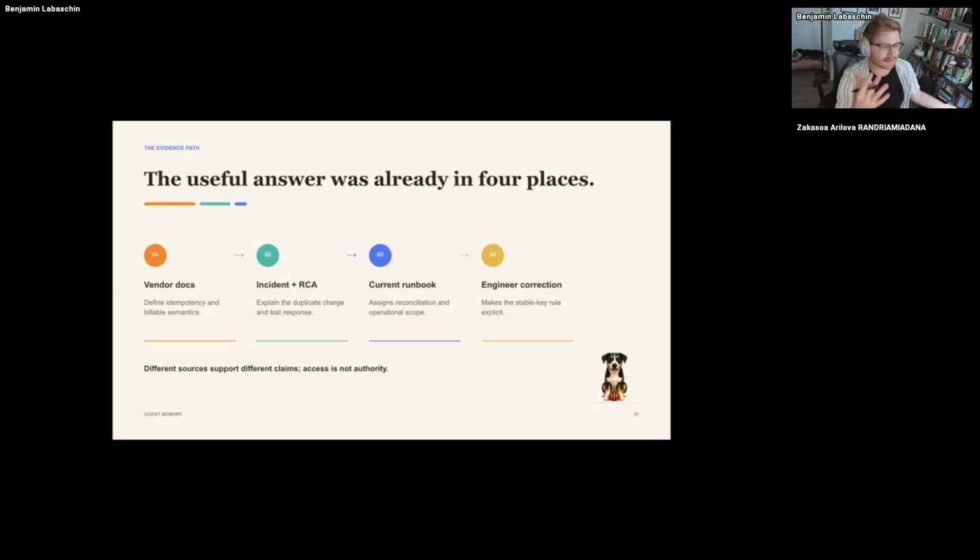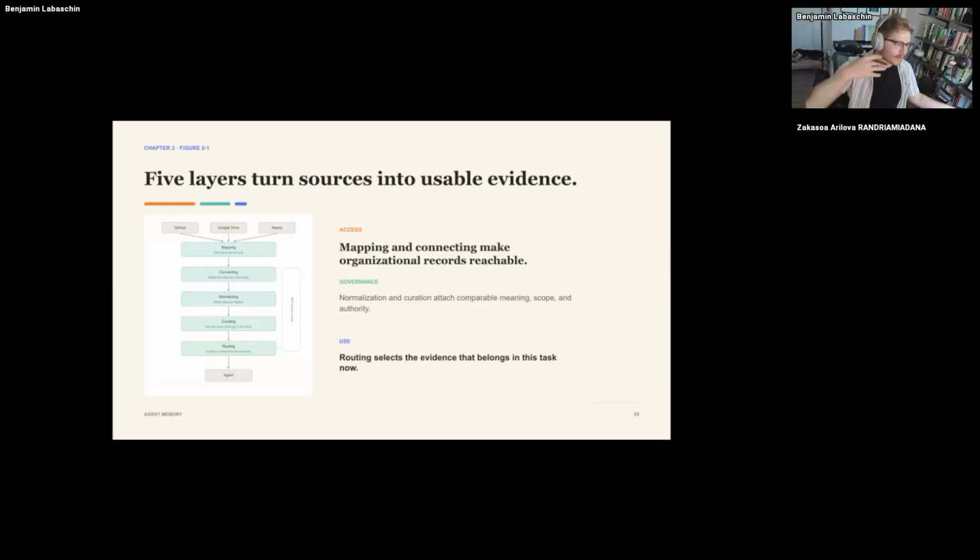But how do you get access to this information? Well, that's where the start of chapter 2 starts to walk you through, right? Let's say someone writes a bunch of documents and they're in GitHub or they're in Google Drive or they're in a blob storage, an S3, wherever they might be in an organization. The problem is a lot of these agents that we have today, Claude, Codex, etc., they're using information that we have access to, that we've generated.